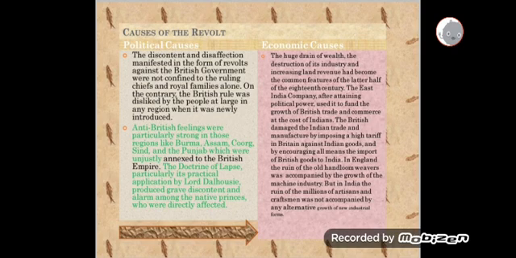The East India Company, after attaining political power, used it to fund the growth of British trade and commerce at the cost of Indians. The British damaged Indian trade and manufacture by imposing high tariffs against Indian goods and by encouraging by all means the import of British goods to India.